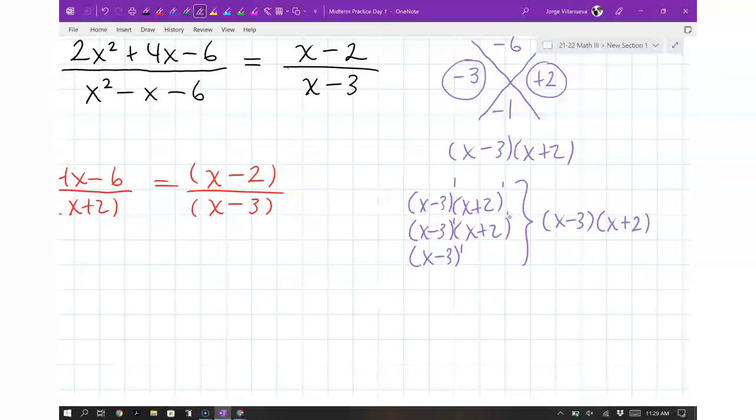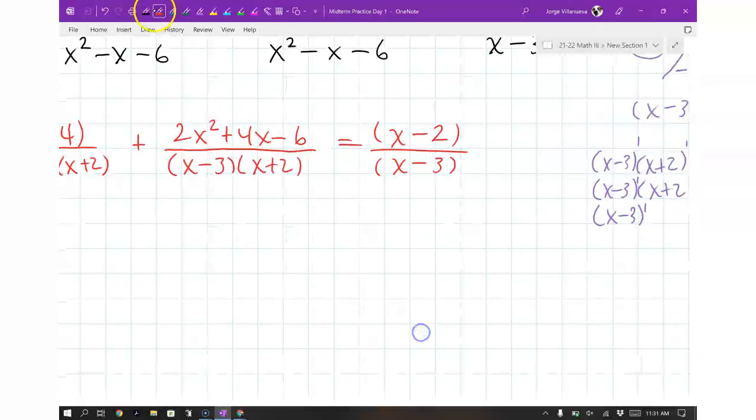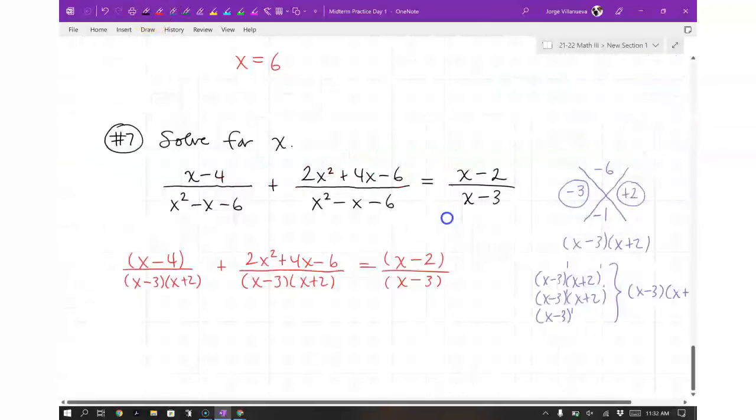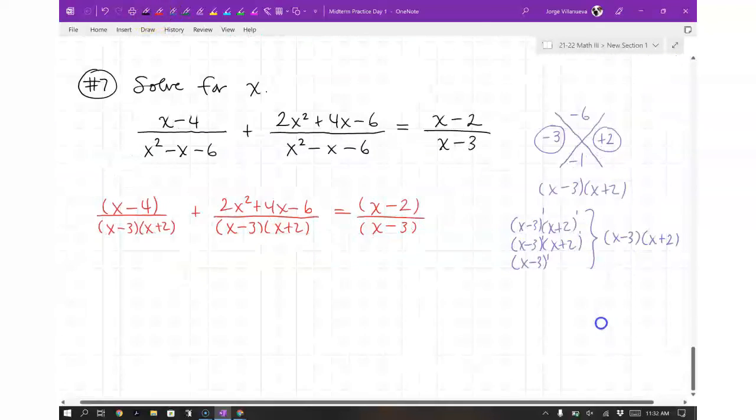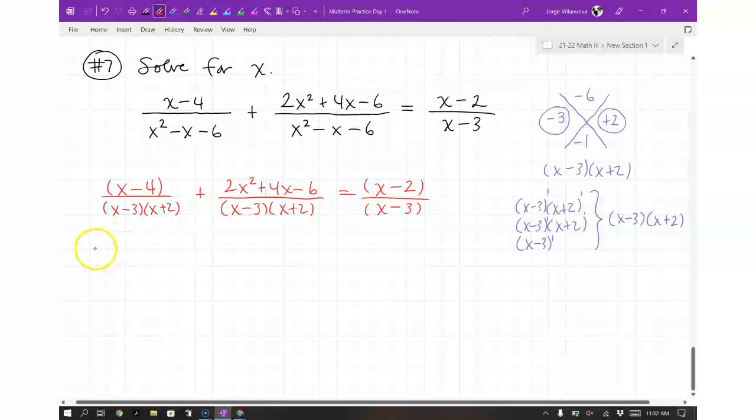This next step is a pain, and I apologize. The step where this gets a little bit, not difficult, just messy, is coming up. So let me zoom out a bit so you guys can see it. I'm going to multiply that whole problem in red by my LCD. I'm going to move a little quick because I know we're running out of time. So maybe if you just want to watch right now, and then later on you can copy it.